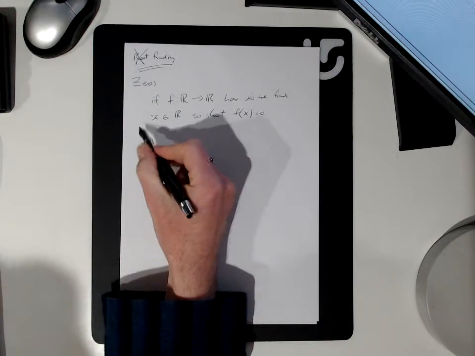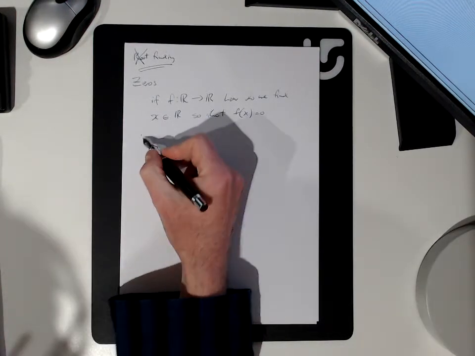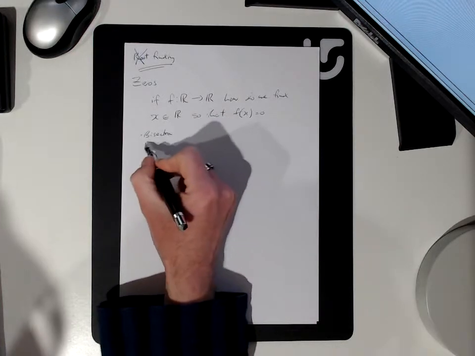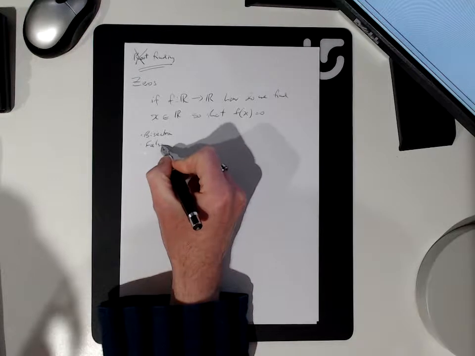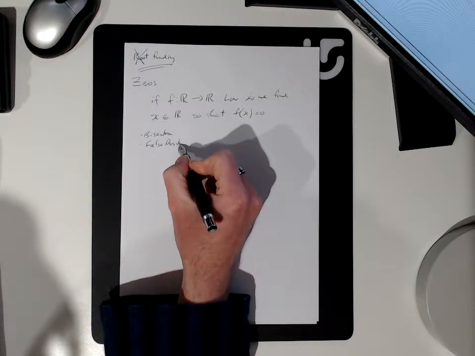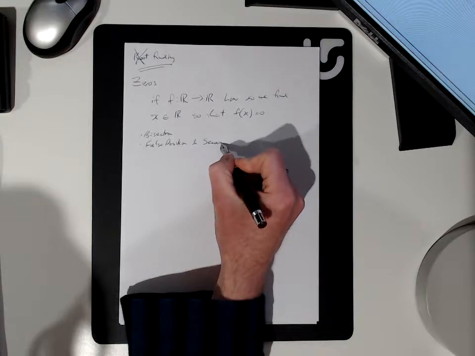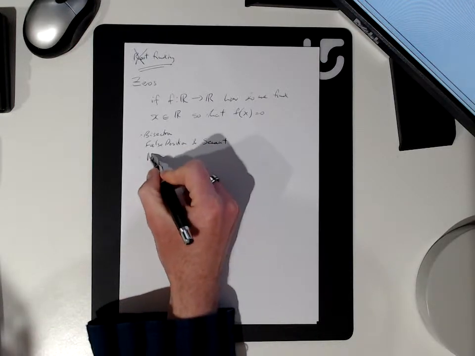Right, and I'm going to talk about a couple of methods: bisection, false position, and the very closely related second method, Newton-Raphson.